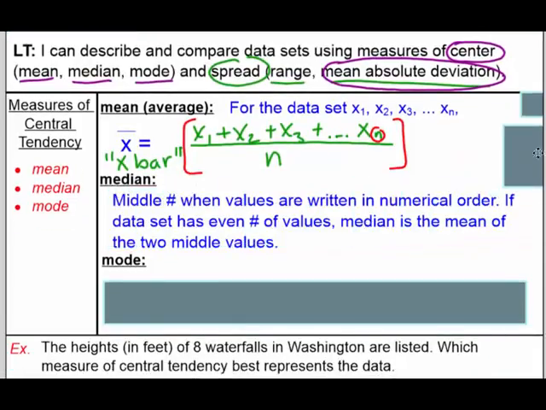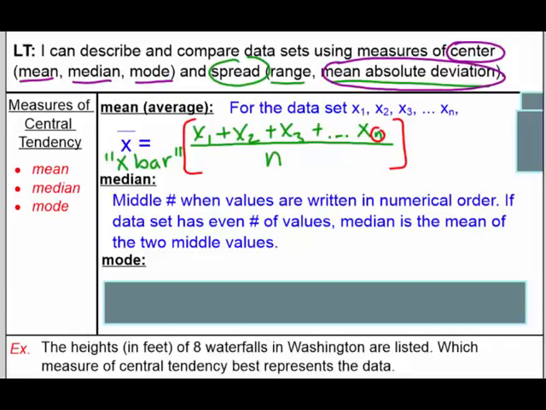Median. Median is the middle number when you write your numbers in numerical order. If the data set has an even number of values, the median is the mean of the 2 middle values. So put all your numbers in order, find the middle number. That is your median. It's really easy to find a middle number when you have an odd number of numbers, because there's just a single middle number.